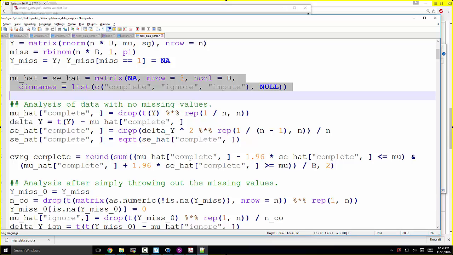So capital Y we simulated is all the data. There's no missingness in there. The missing data are in Y underscore miss. So what we could do is cheat, since we're playing a simulation game, and estimate the mean and the standard deviation of the mean using the complete data. That'll be like our gold standard to compare to.